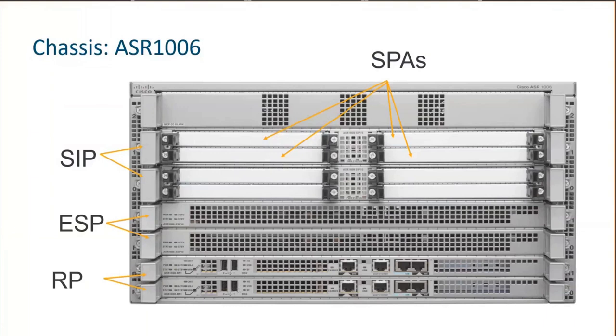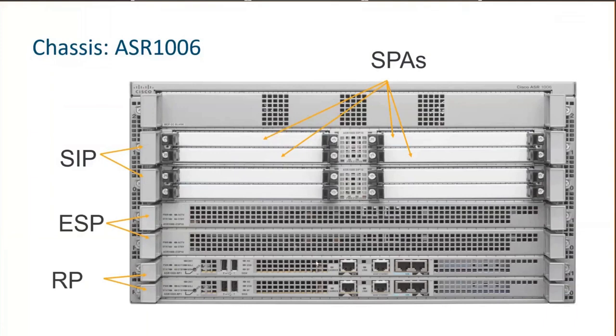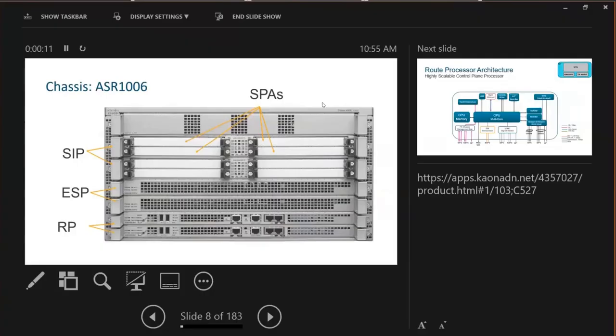So to copy the IOS image, I mean the IOS XE image, or during upgrades and all those things, you can use this. So this is a view of the chassis.